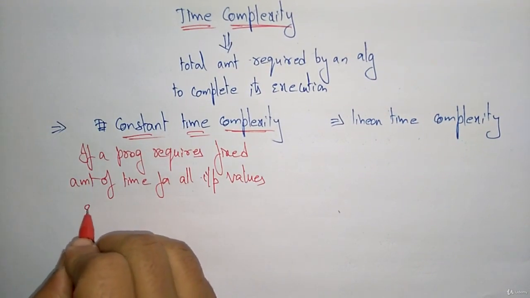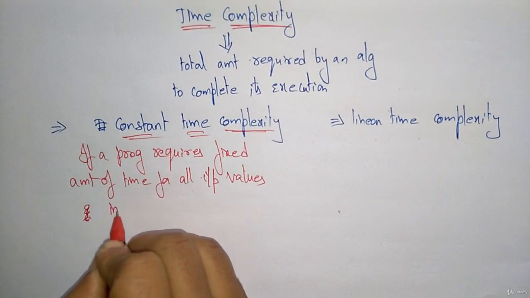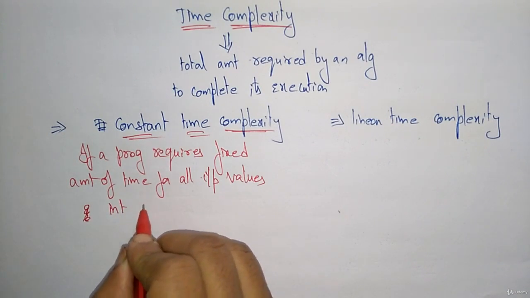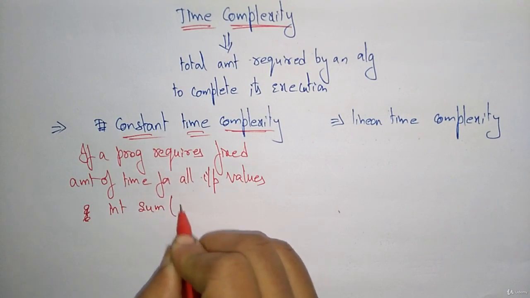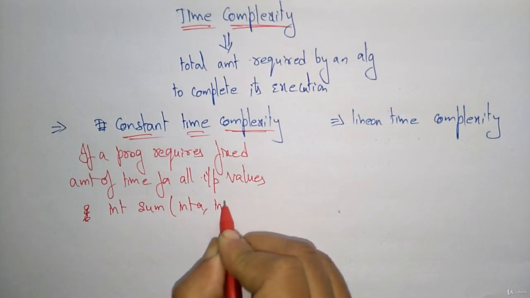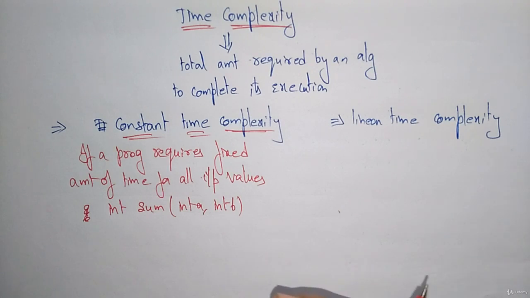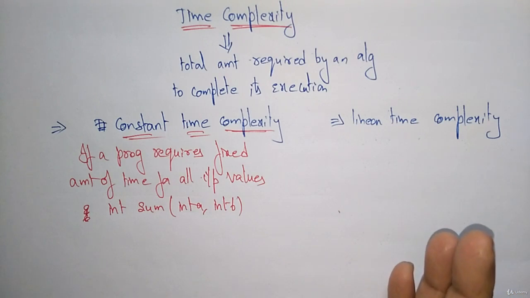For example, just like for space complexity, whatever the example you have taken, that I am writing here: sum of int a comma int b. There I had taken only one variable, that is integer a, that I had multiplied, written a into a. There I'm using only one variable, so a fixed amount of space will be allocated to that variable.